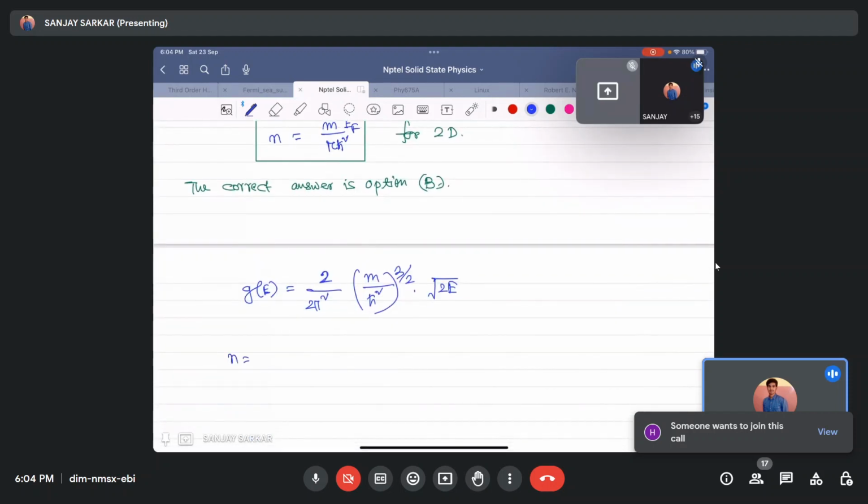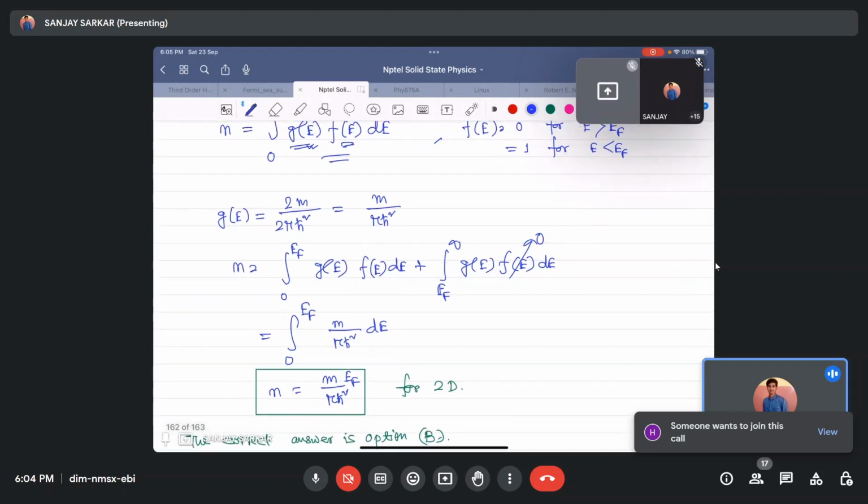So n will be the integral from 0 to EF of 2 by 2 pi, so 1 by pi square, into (m by h bar square) to the power 3 by 2, into root 2E dE. I am taking this from this line.